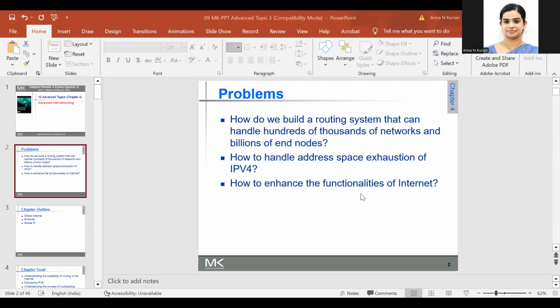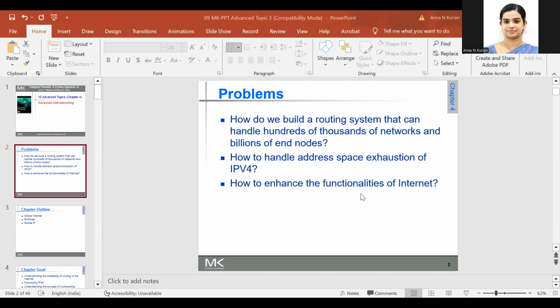In this session, we will discuss the problems which we are facing in internetworking. First, we have to scale our smallest internet to a larger internetwork, or scale to billions. How could we build a routing system that can handle hundreds of thousands of networks up to billions of end nodes?